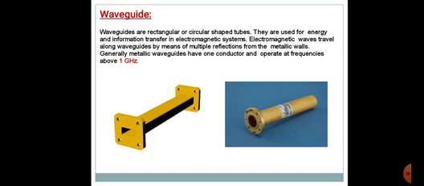As the antenna and waveguide are just transmitting electromagnetic signals, these are electromagnetic systems. Electromagnetic waves travel along waveguides by means of multiple reflections from the metallic walls. Generally, metallic waveguides have one conductor and operate at a frequency above 1 gigahertz.